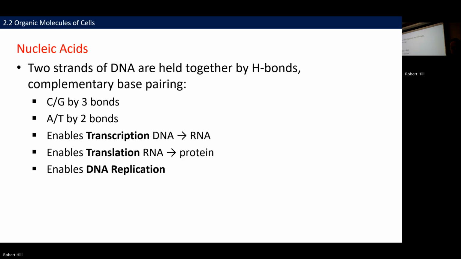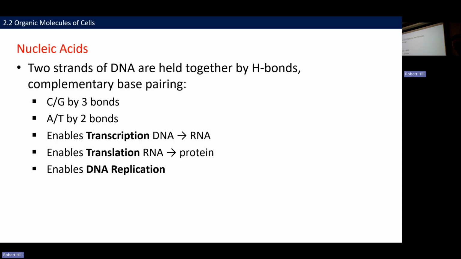dNTPs. All right, the 2 strands are held together by hydrogen bonds. Because you have purines and pyrimidines, you have nucleotides that have 2 rings and some that have 1 ring. You can do something with the hydrogen bonding.